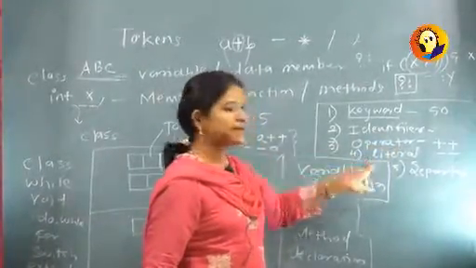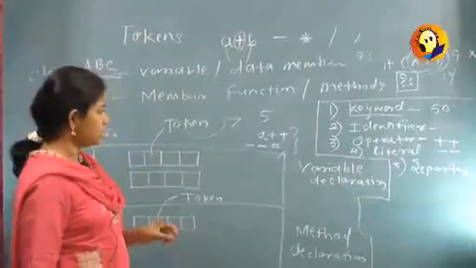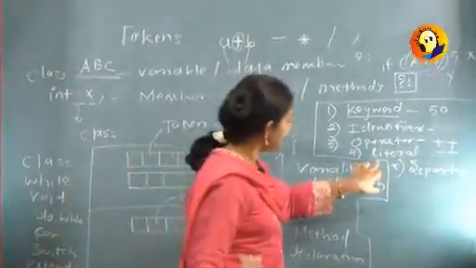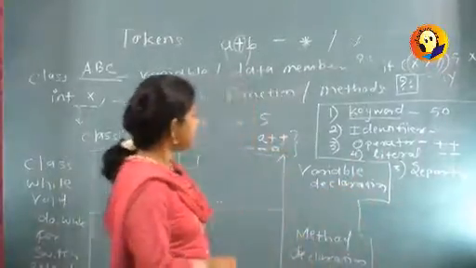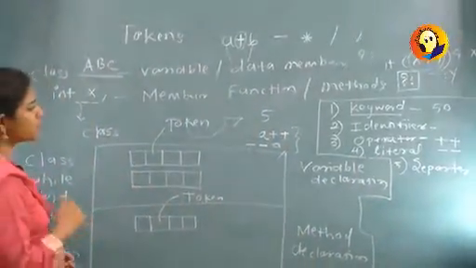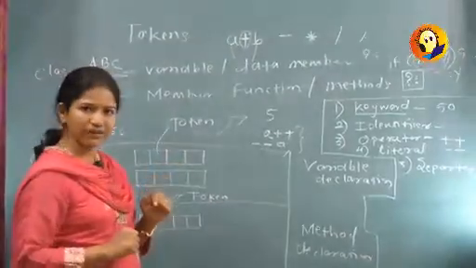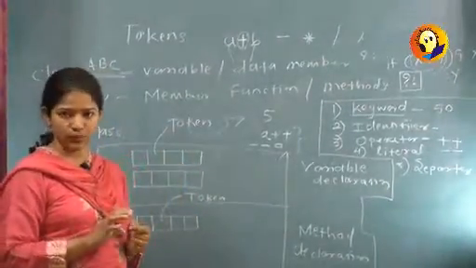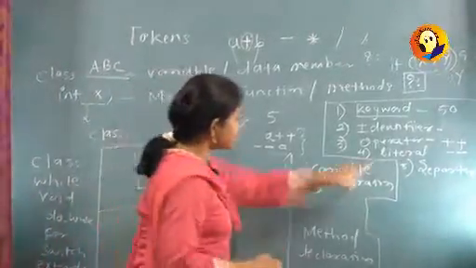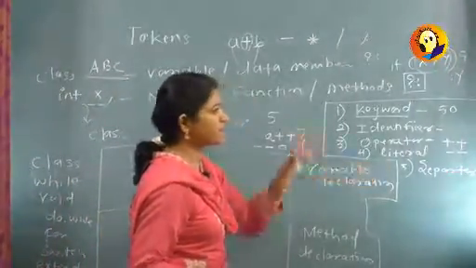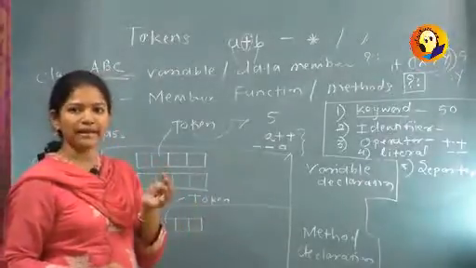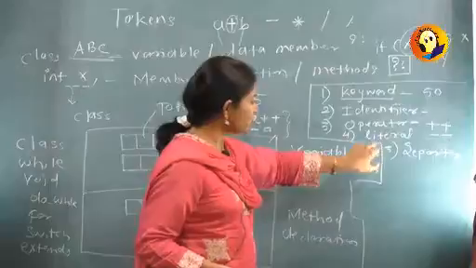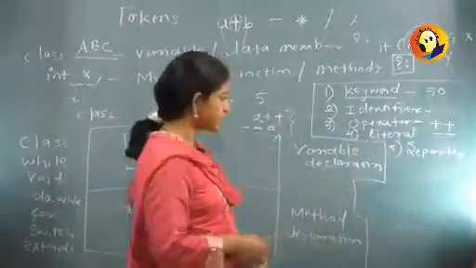The fourth token is literal. A literal is a token which stores a sequence of characters, that is digits or characters or other characters, and the values assigned to that sequence.